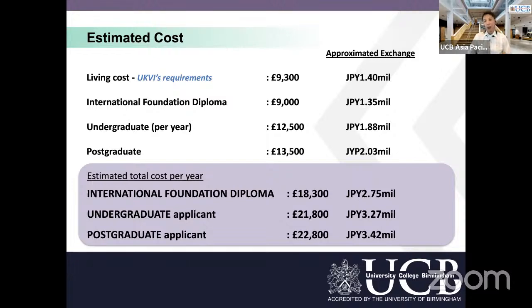If you dine out every day, then your 1.4 million yen for living cost won't be sufficient. So I would suggest that if you don't intend to do your own cooking, the preparation for your living cost needs to be slightly higher.